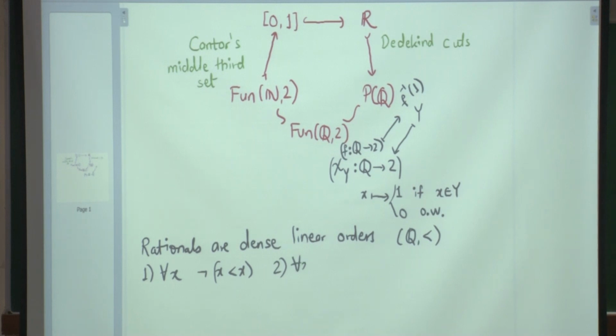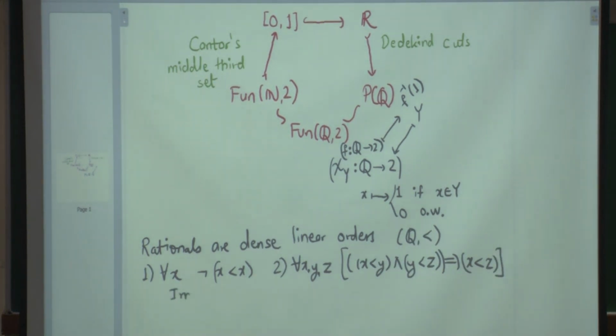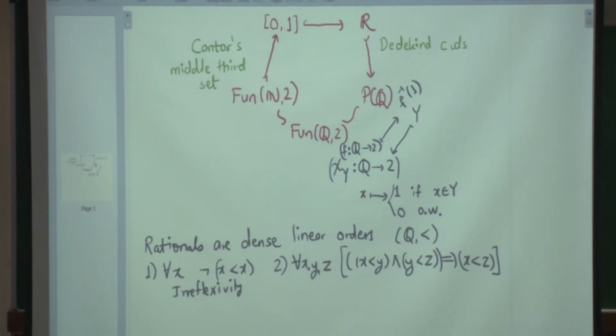So for all x, y, z, if x is less than y and y is less than z, then this implies x is less than z. This first property is called irreflexivity. It is exactly the opposite of reflexivity. Reflexivity says that one element is always related to itself. Irreflexivity says that one element is never related to itself.